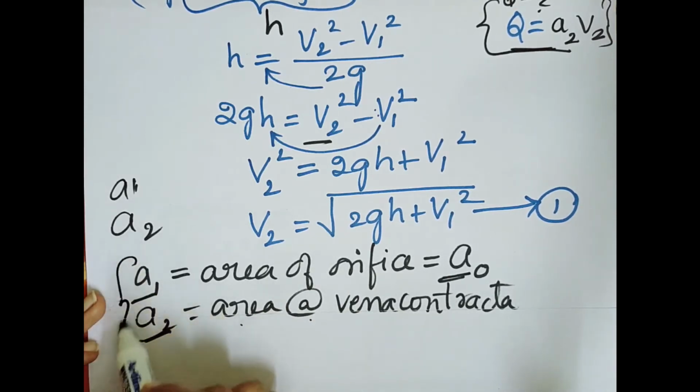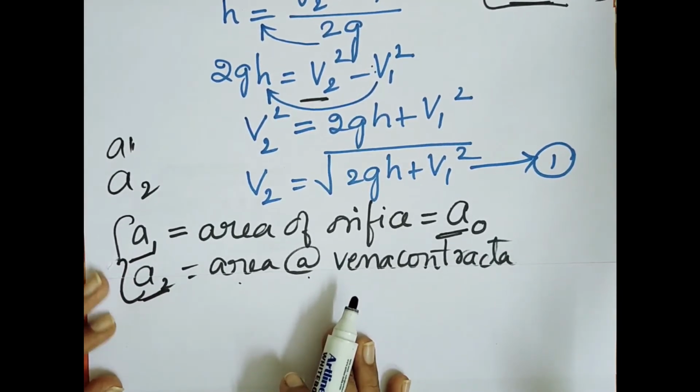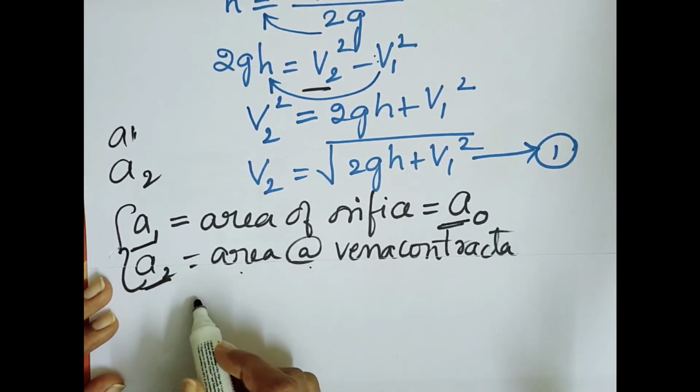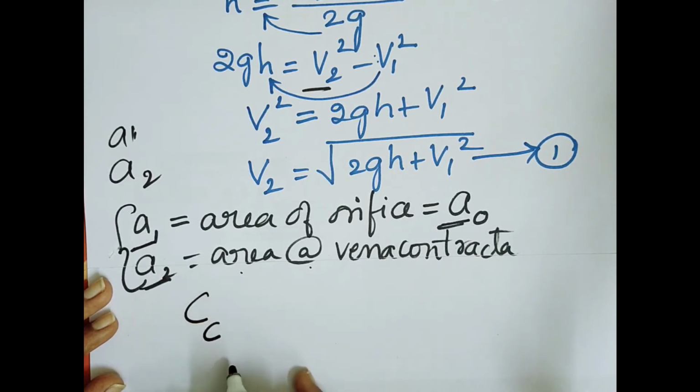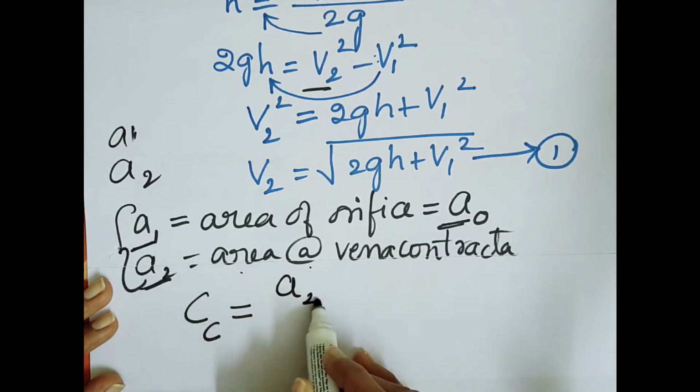From these two parameters we can derive the coefficient. What is that coefficient? That is the coefficient of contraction, Cc, which is nothing but A2 divided by A0.